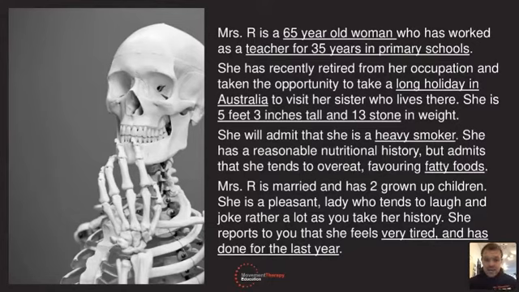She's 5'3" and 13 stone. If you have a look at that on the NHS BMI scale, then she is considered obese. She will admit she's a heavy smoker. So think about the conditions that may arise from being a smoker, and then fatty foods as well. Lots of fatty foods in her diet. So what could that potentially affect?